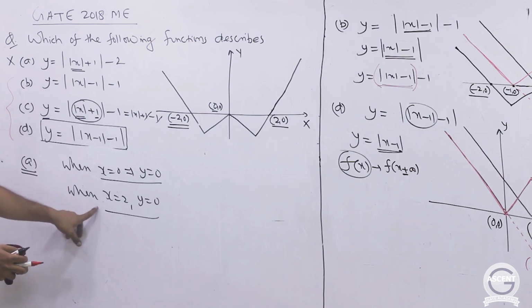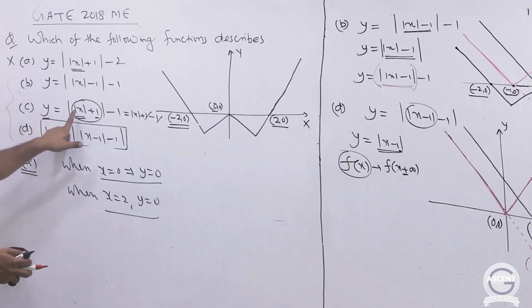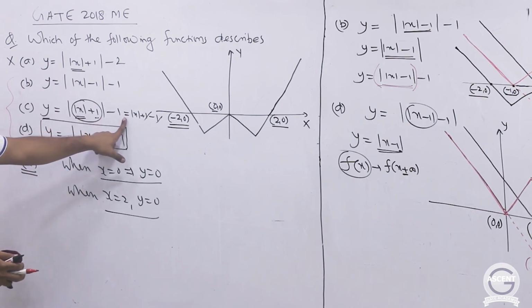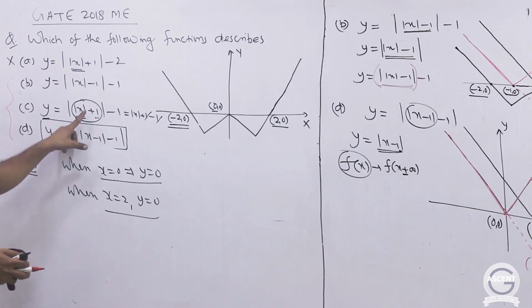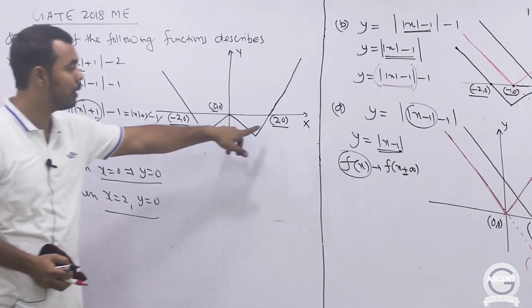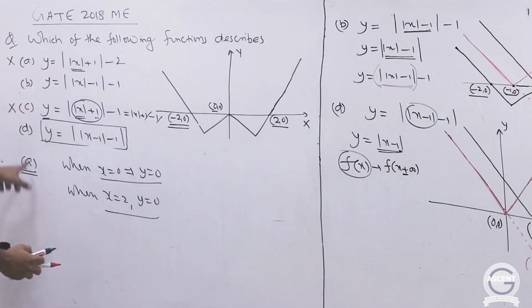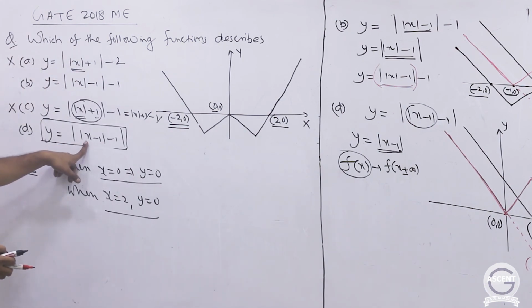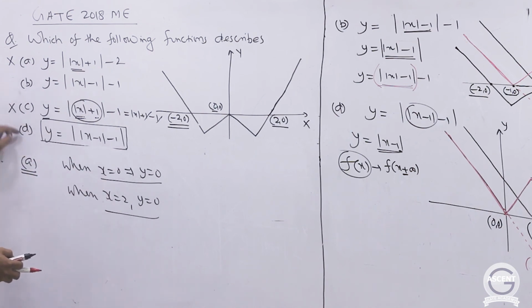So this is satisfying this point. Option C, 2 plus 1, 3, 3 minus 1, 2. So when x is 2, the value of y that we are getting from here is 2, and therefore this option C is incorrect because it is not satisfying the coordinate of this point 2 comma 0. Now comes option D. If I place x equals to 2 here, 2 minus 1, 1, 1 minus 1, 0. So now B and D both are satisfying this second point.